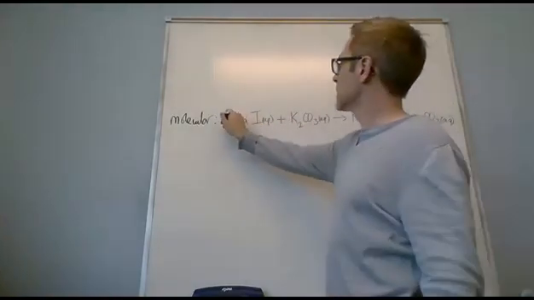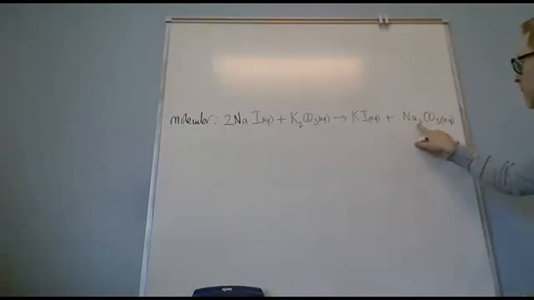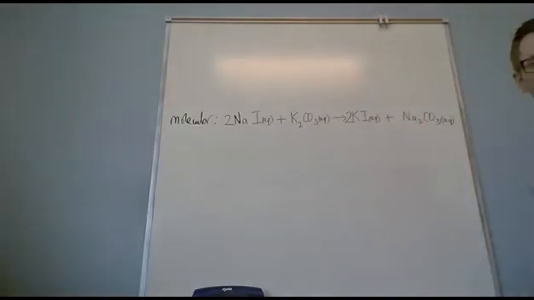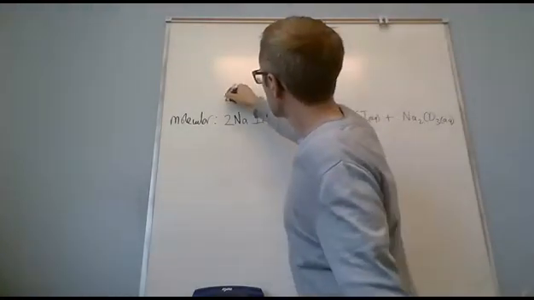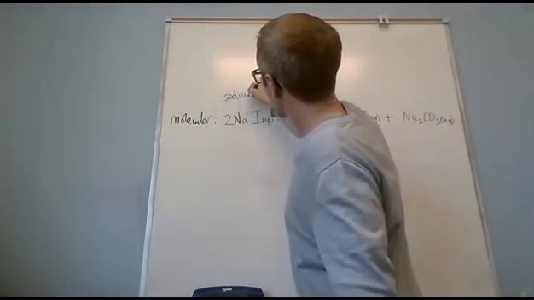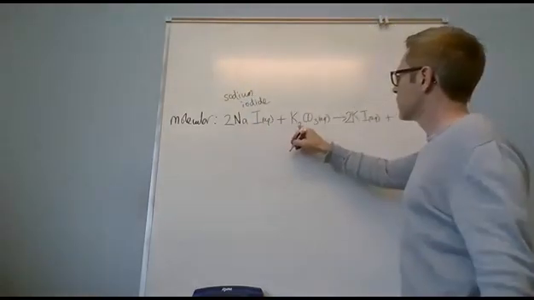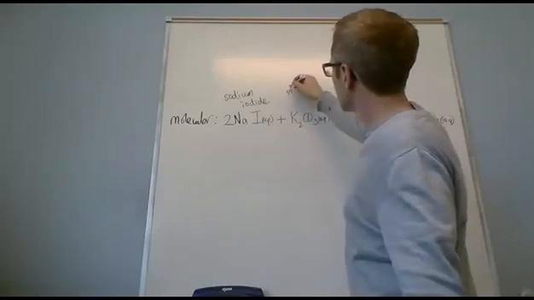Make sure it's balanced, so I need a 2 here to counteract that 2. I need a 2 here to counteract that 2. So we have a balanced molecular equation. We have sodium iodide. We have potassium carbonate.